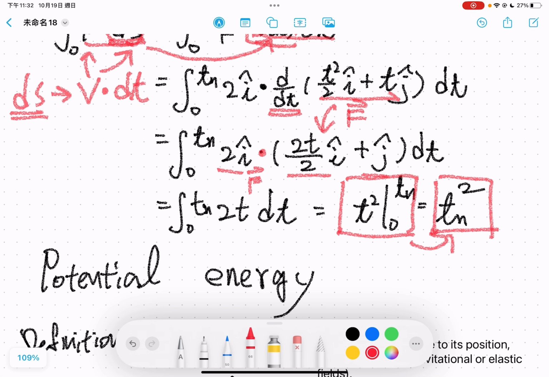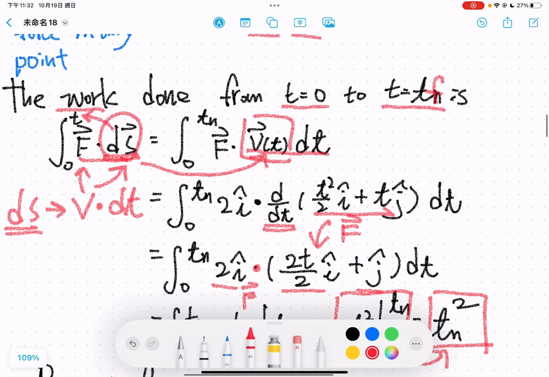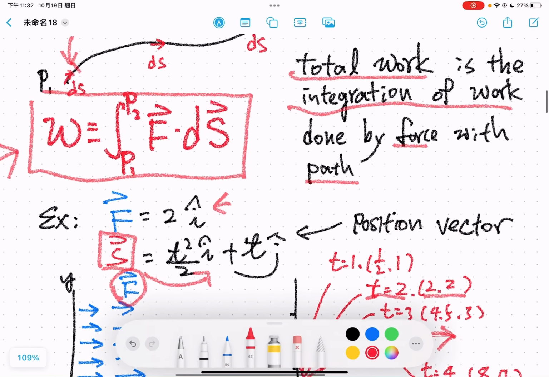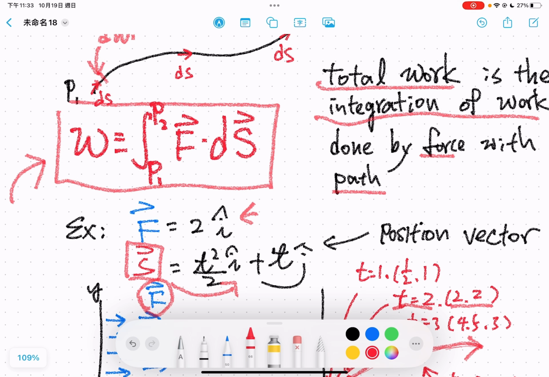This is one example. So finally, we come back to the final result: the work along the path is the integration from point 1 to the final point of the force and displacement.